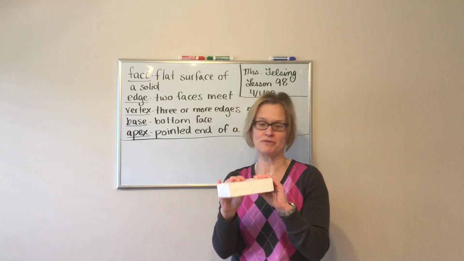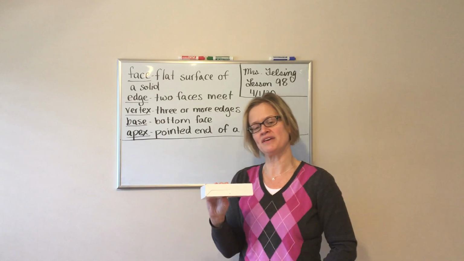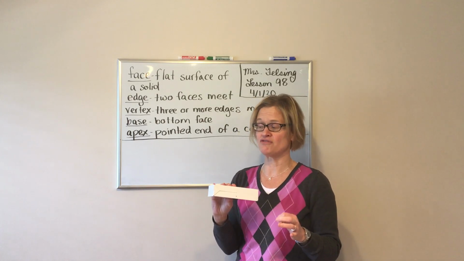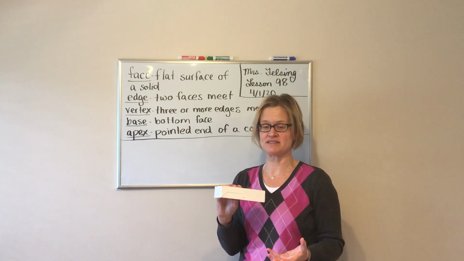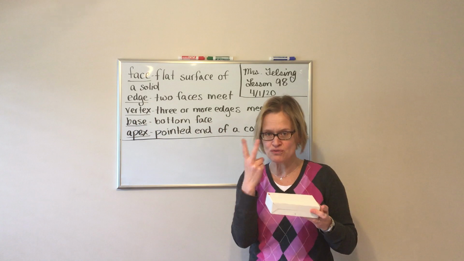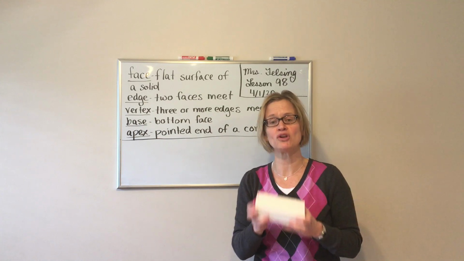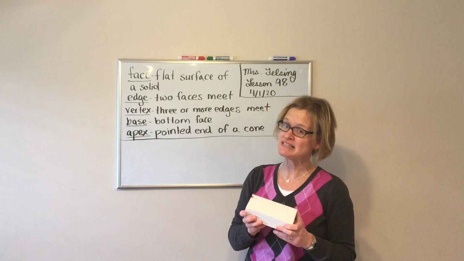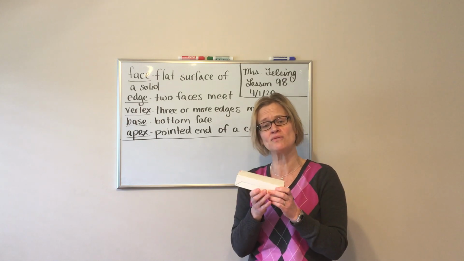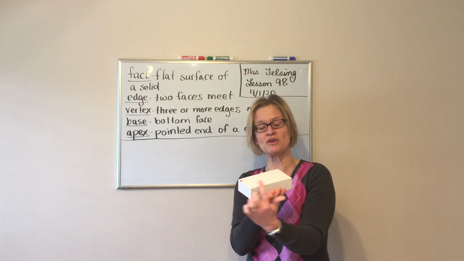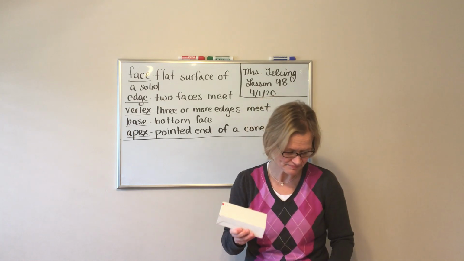One other thing I want you to think about, and that's also going to come up in our lesson today, is they're going to refer to the plural of vertex. Now, we would think, oh, one vertex, two vertexes. No, the plural of vertex is vertices. And you're going to see that today. So when you see the word vertices, that just means more than one vertex.